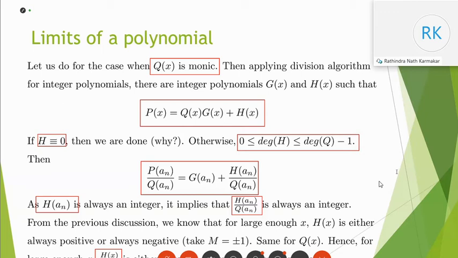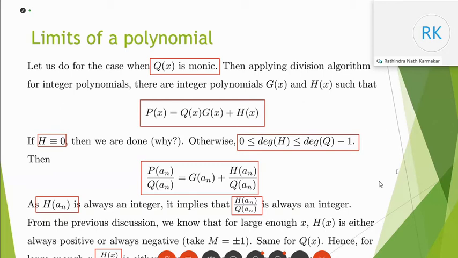Let me discuss one case with you. Let's say h is a non-zero constant polynomial. Then obviously that constant is either always positive or always negative.